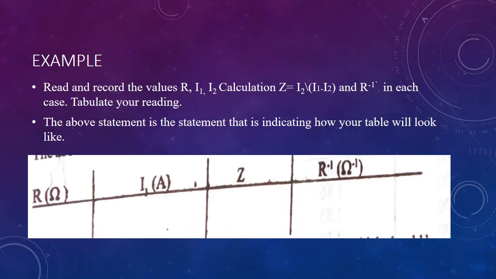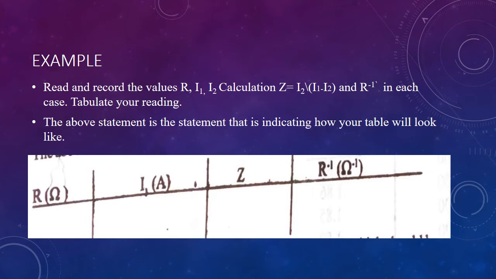Tabulate your readings. The above statement is indicating how your table will look. Which means that in your table, the students are expected to have a column for R. And from the experiment, we know that R stands for the resistance and it's measured in ohms.